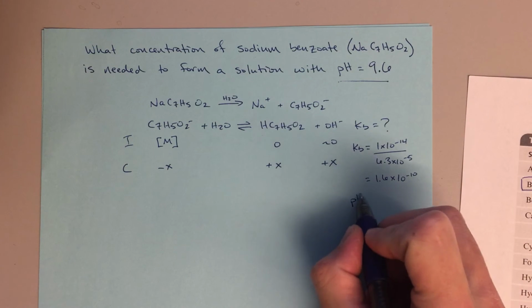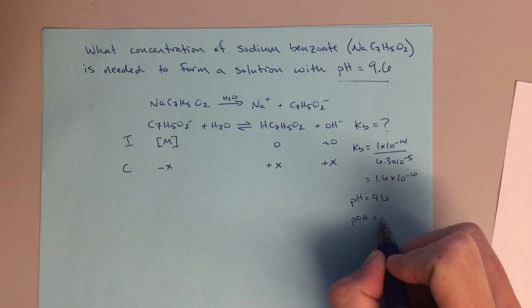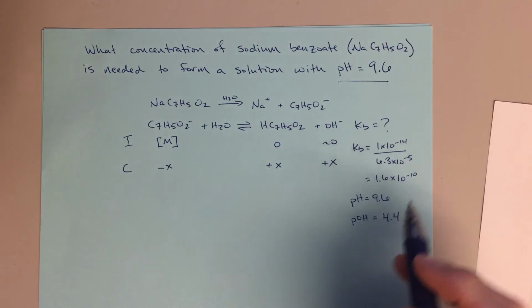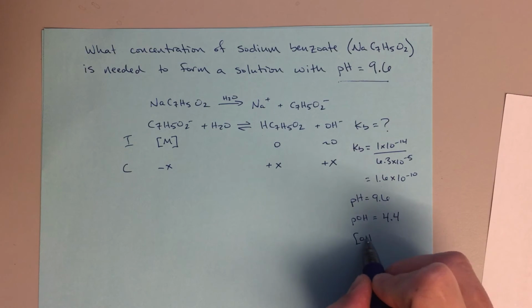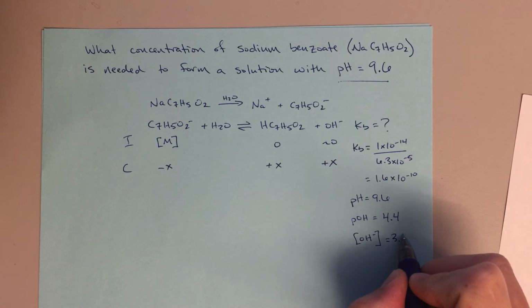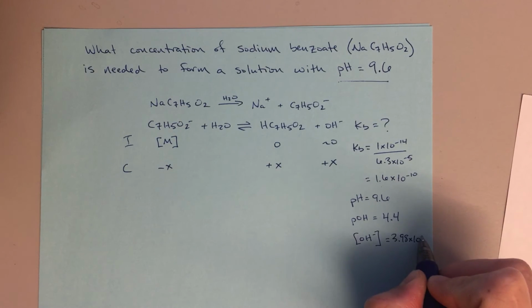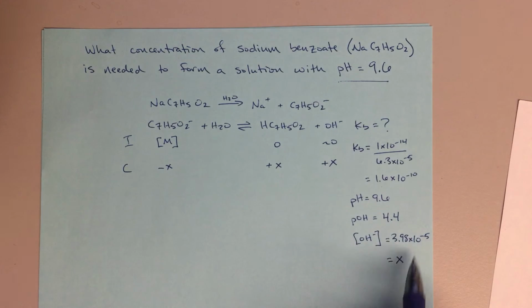So if the pH equals 9.6, pOH then would equal 4.4, right? 14 minus 9.6 should be 4.4. And then my concentration of OH minus will be 3.98 times 10 to the minus fifth. And that is, again, right, equal to my x value. That's the value I'm going to be plugging in here.